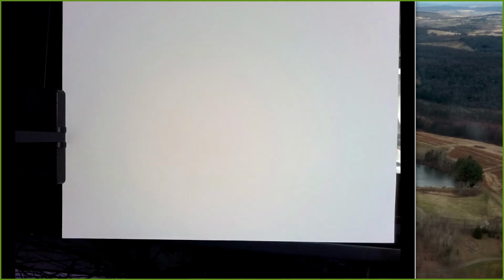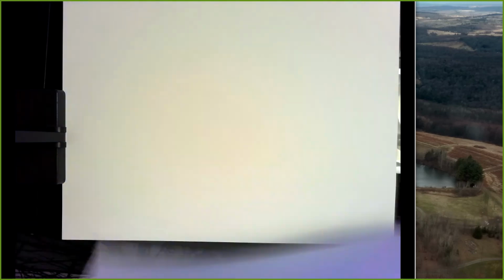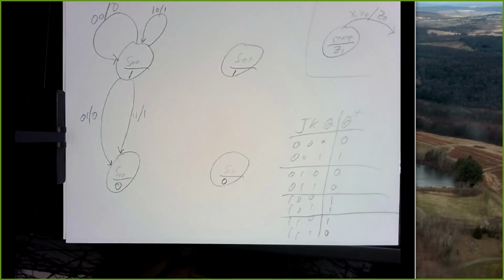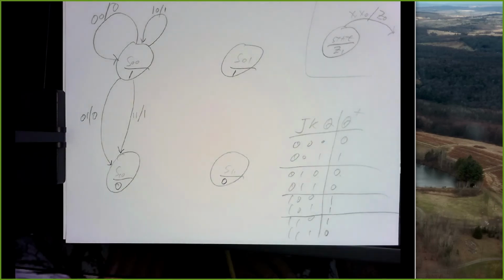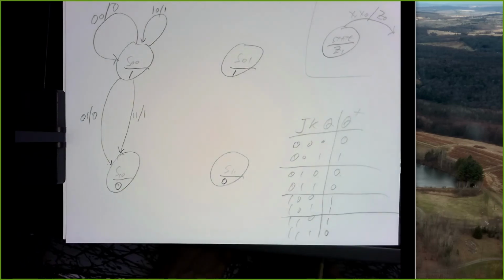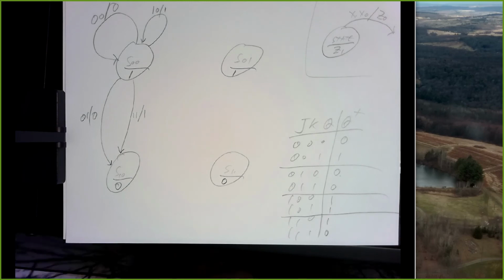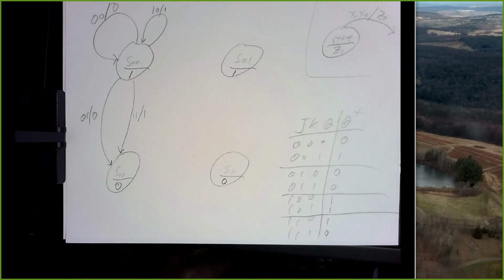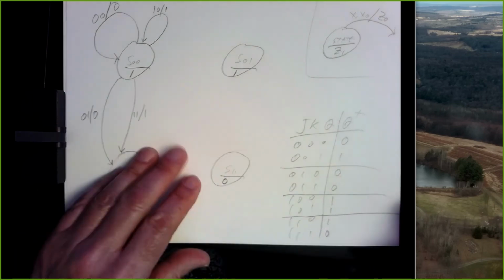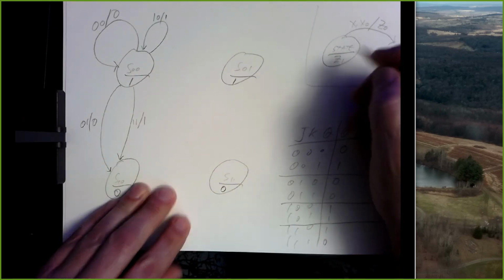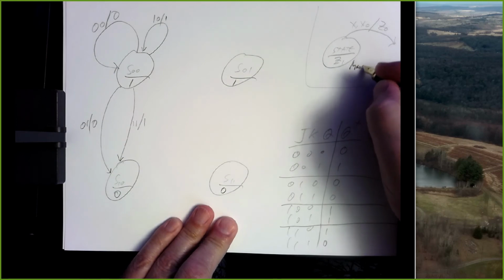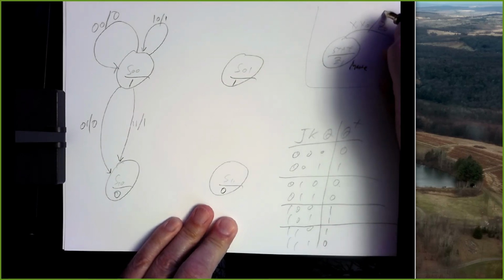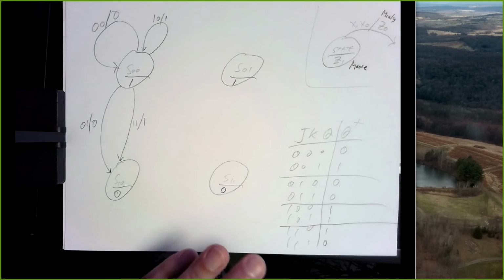I have a question about the diagram where you drew the circle. Which one goes where? So the Moore output goes in the state, and the Mealy outputs go on the arrows.